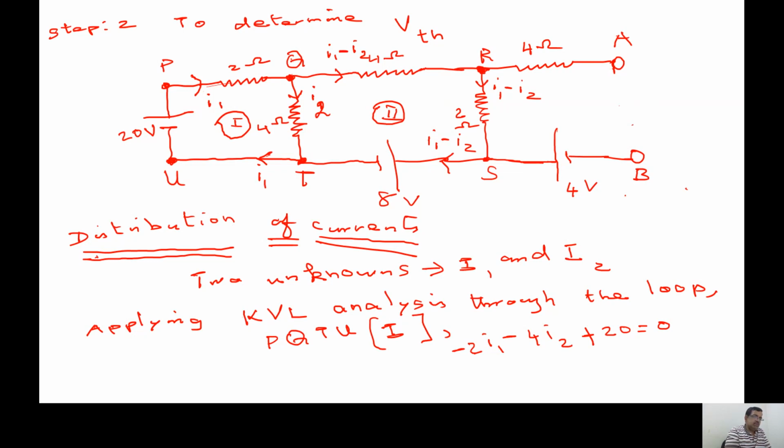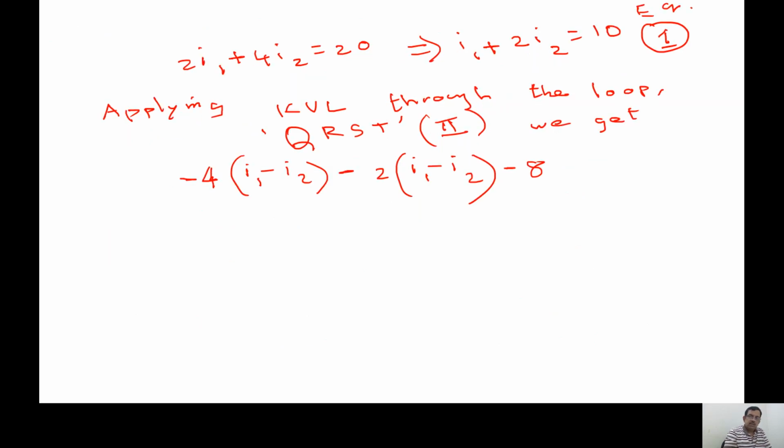So it is plus 4 into I1 minus I2, equal to 0.